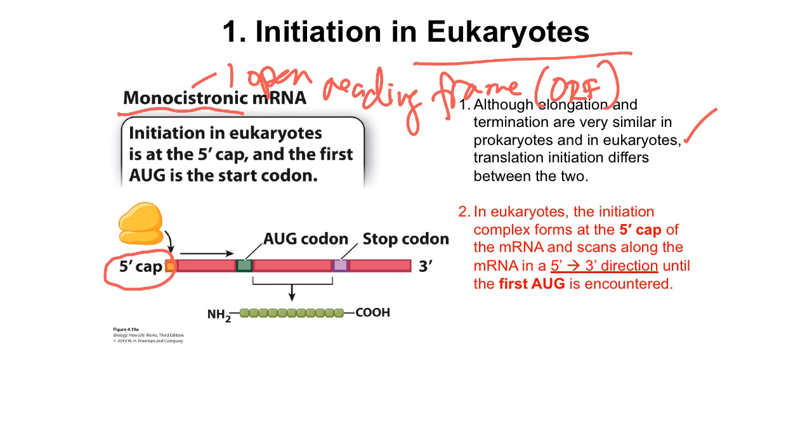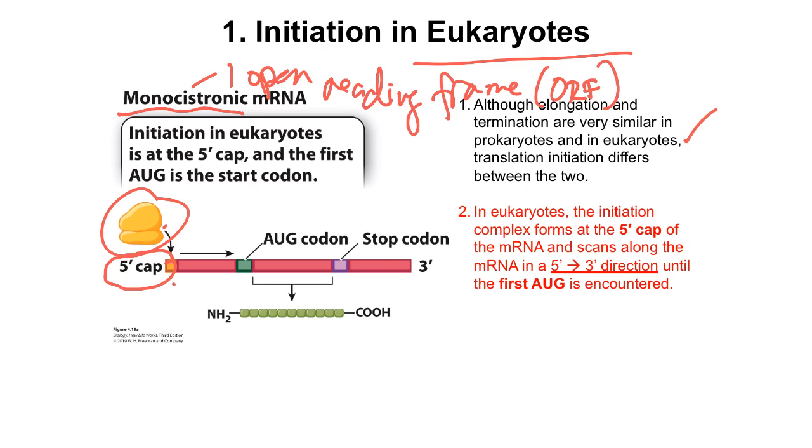And this 5' cap structure, as we will see later on, binds initiation factors that allow the ribosomes to be recruited.